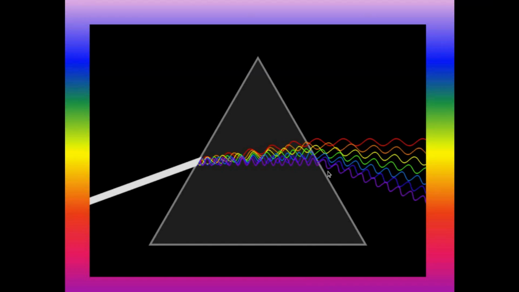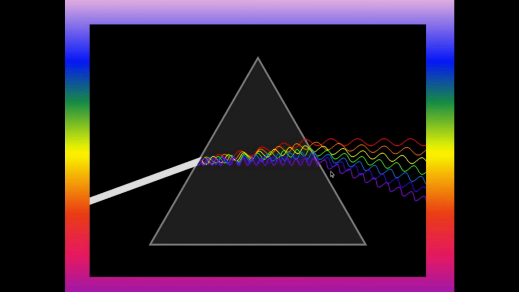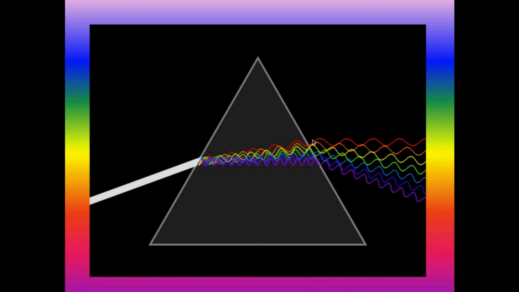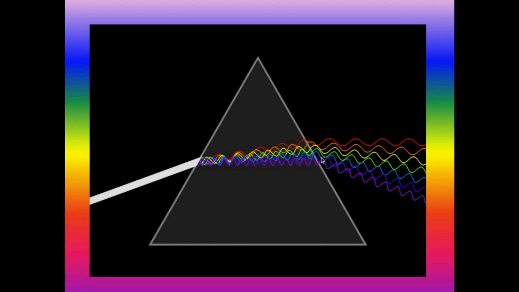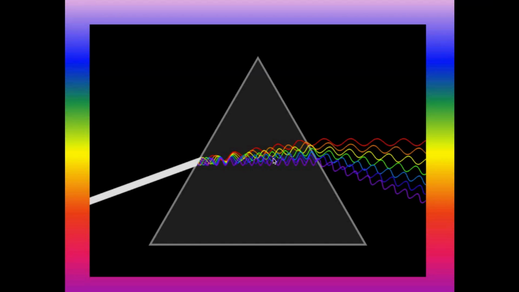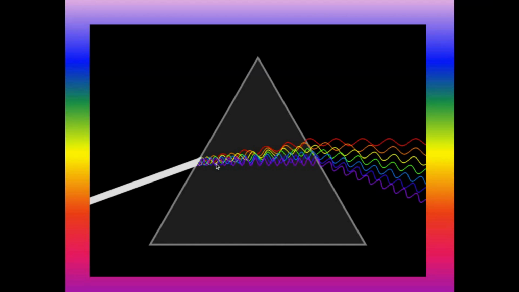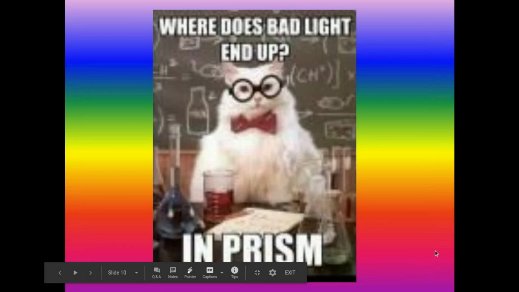So we see down here, we get that indigo and violet end of the spectrum, versus at the top with larger wavelengths, we have the red and then orange, yellow, green, blue, violet. So just because of the different size of the wave, it's going to bend differently through a prism, and that's how rainbows are produced. We have a little chemistry cat here for you.